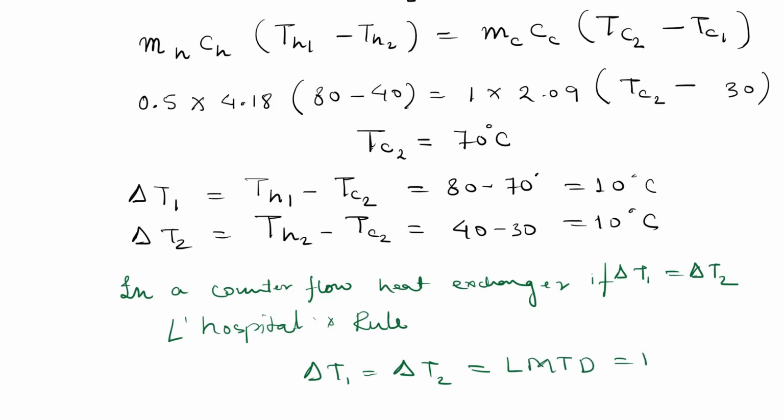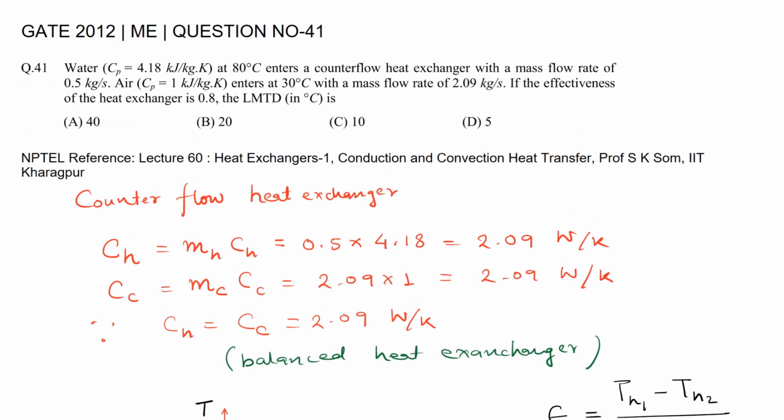So LMTD is equal to 10 degrees Celsius. Okay. So the correct option is option C.